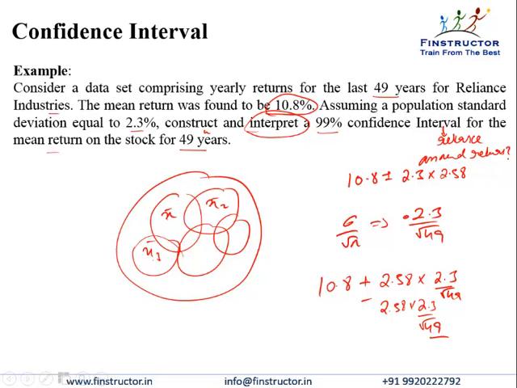It is in the 49 years averaging that the dispersion will come down. So if I was just asked the annual return confidence interval, then I won't do 2.3 divided by root 49. I will just do 2.3.